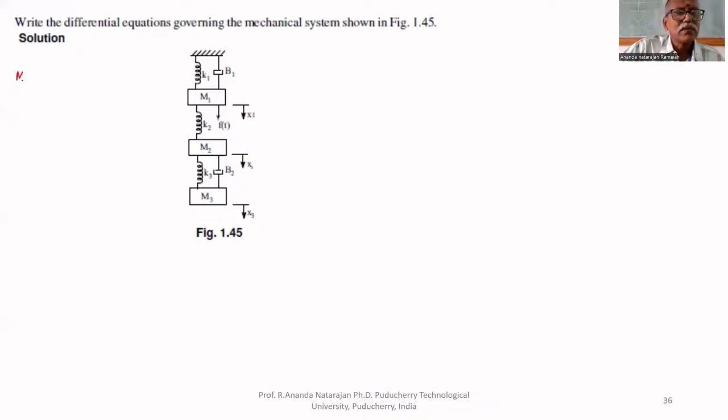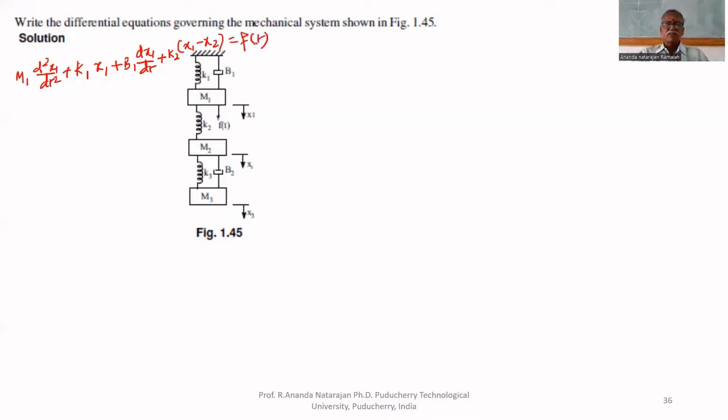M1 d square x1 by dt square plus k1 x1 plus b1 dx1 by dt plus, this k2 is connected with m1, therefore k2 times x1 minus x2, equal to f of t, the applied force.